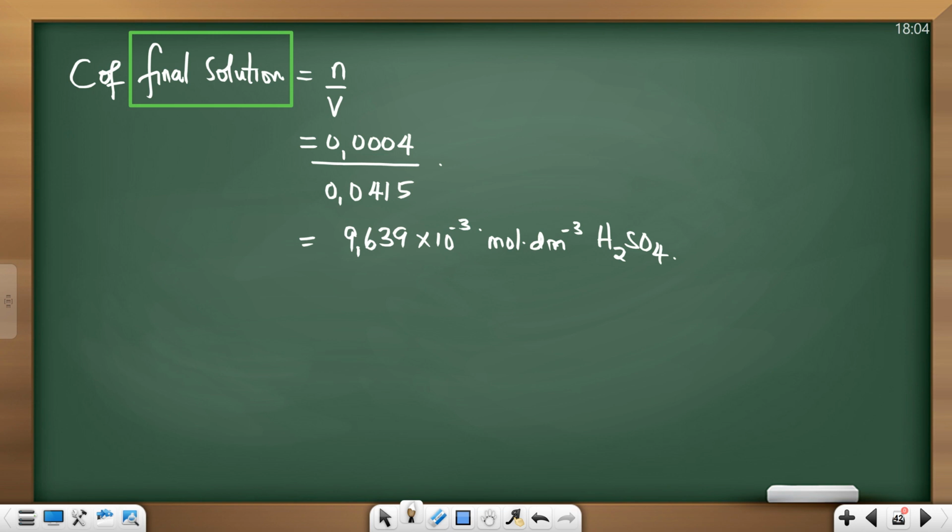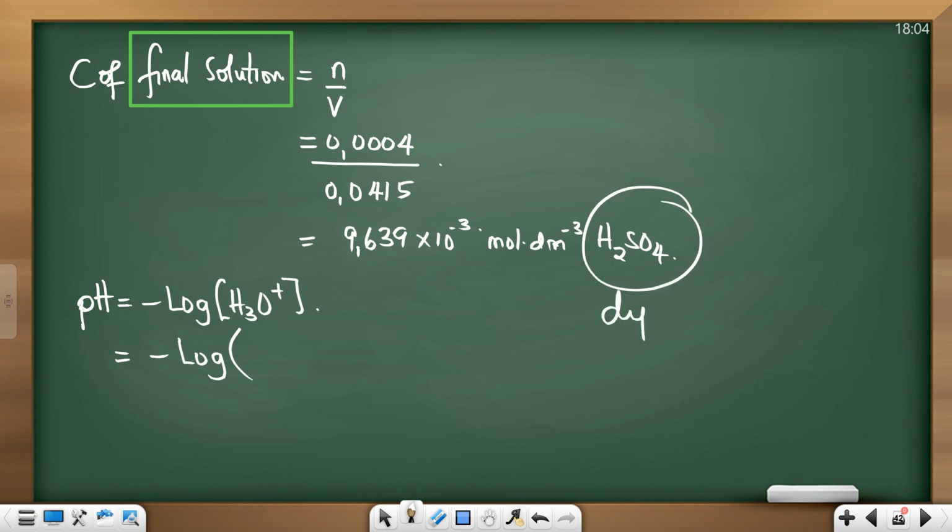All right. Now, how do I get my pH? Negative log. I don't know if you guys were taught, but those of you that I taught acid and base, you know that this is a diprotic acid, which means I've got to come here and say 2 times 9,639.